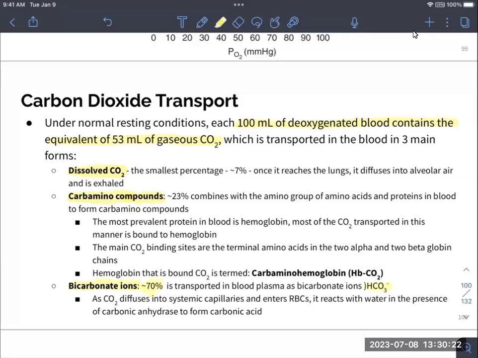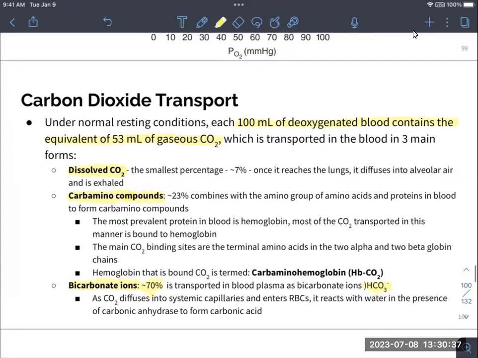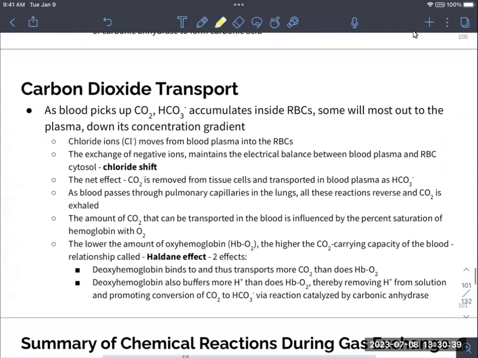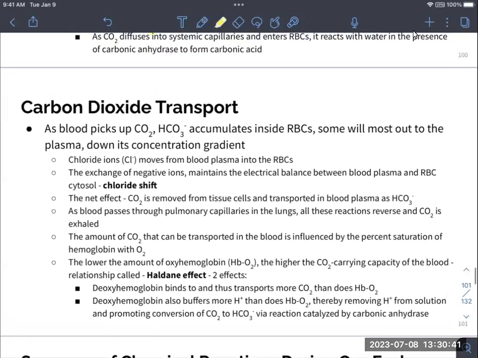So that bicarbonate plus those hydrogen ions as that byproduct in the formation of bicarbonate. These are all different ways that we're going to find carbon dioxide in the blood. So as their blood picks up this carbon dioxide, bicarbonate starts to accumulate.